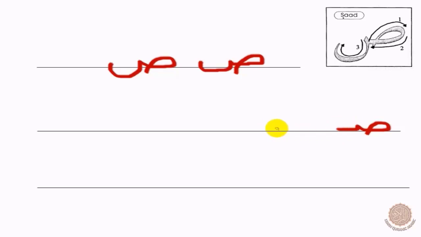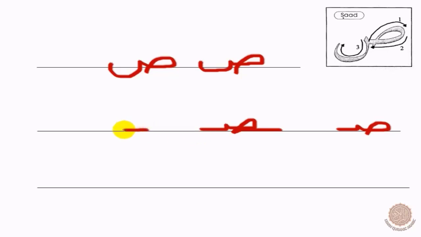In the medial form, it comes from another letter. Then what you do is you go a bit further, go down, and then come back up, and then go like that. And then the next letter is joined to that. And finally, the end form, which is as follows.